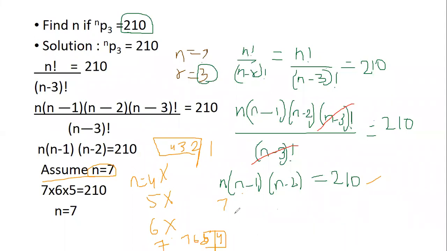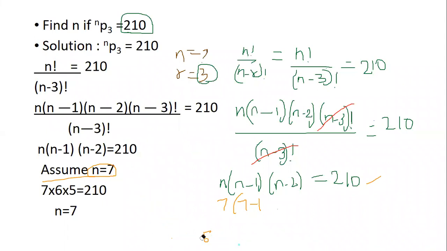Okay, let me erase all this and we will continue this problem. 7 minus 1, 7 minus 2 is equal to 210.